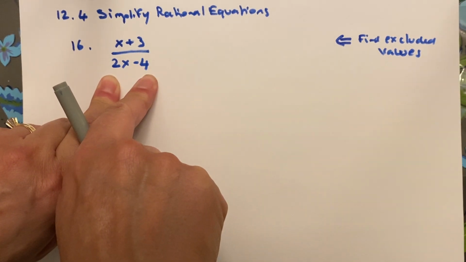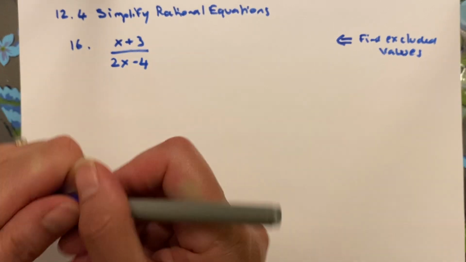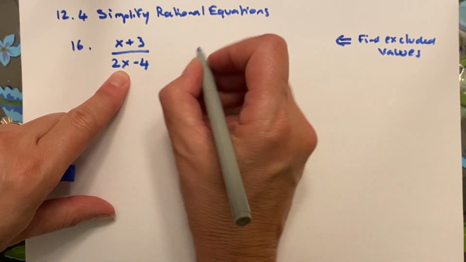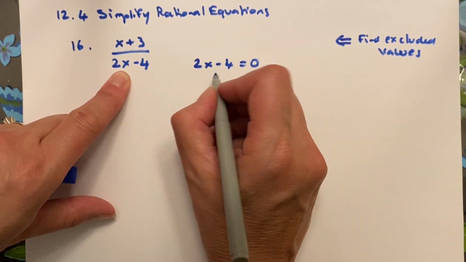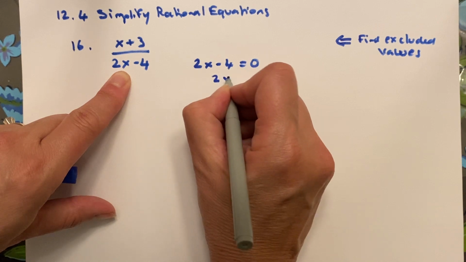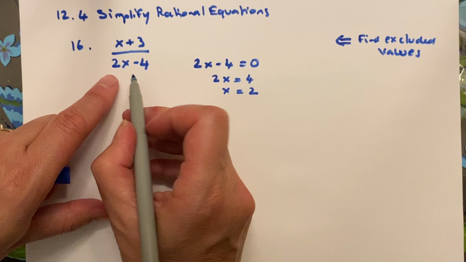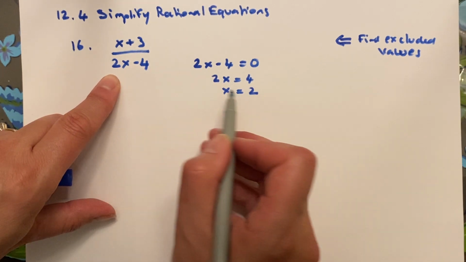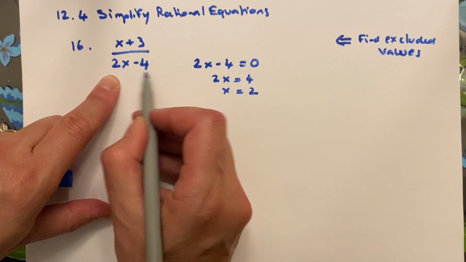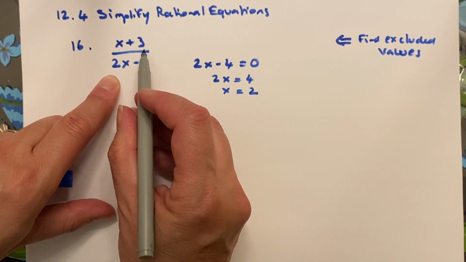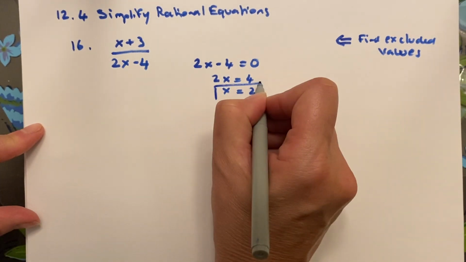Well, this is exactly the same as finding the solution of the equation, or what we call the zeros of the function. In order to solve that, you just need to set the denominator to 0 and then solve for x. 2x equals 4, x equals 2. So if I put in 2 for x, I know that that denominator is going to be 0, and of course excluded because you can't divide by 0. So my excluded value is 2.